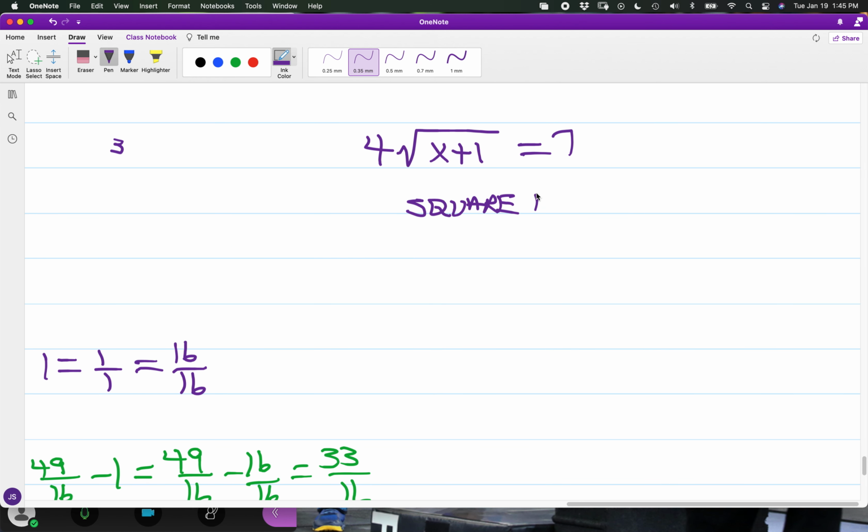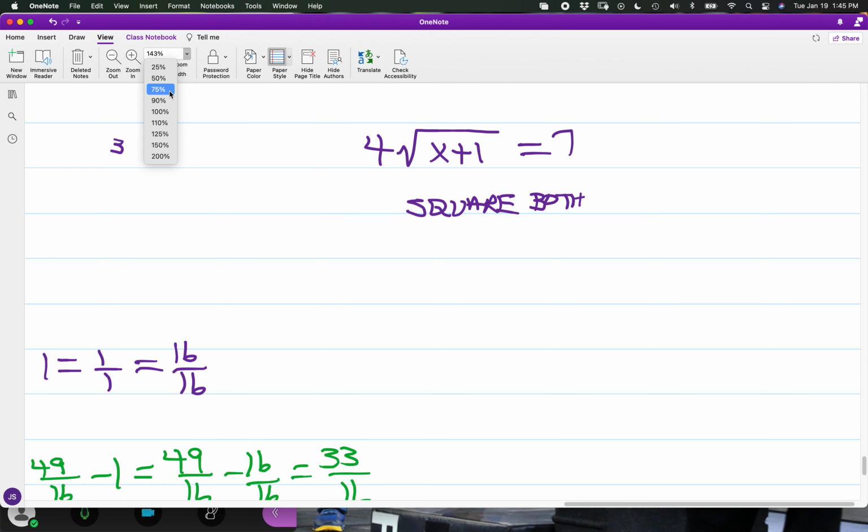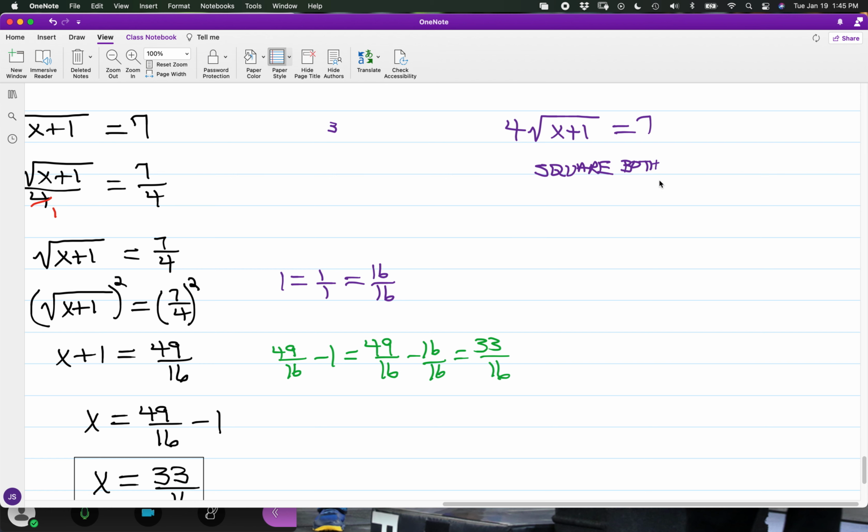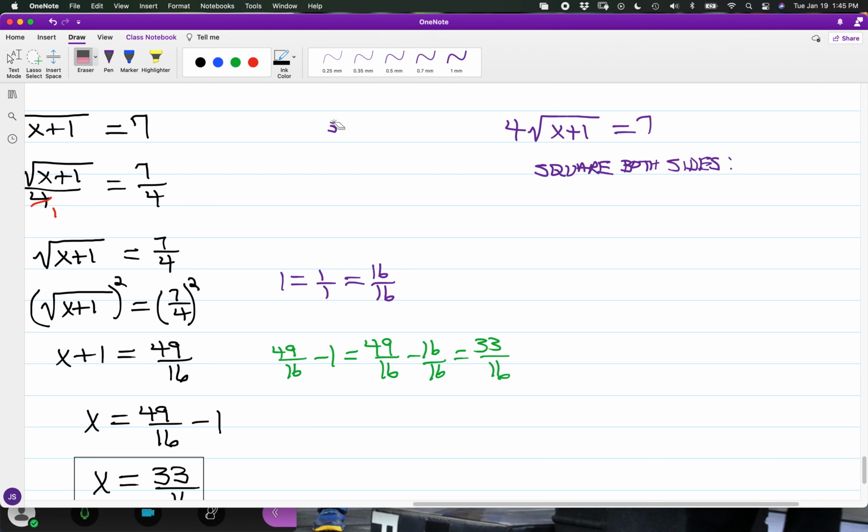Okay, so if we square both sides, I like this route more, and you have to be careful.